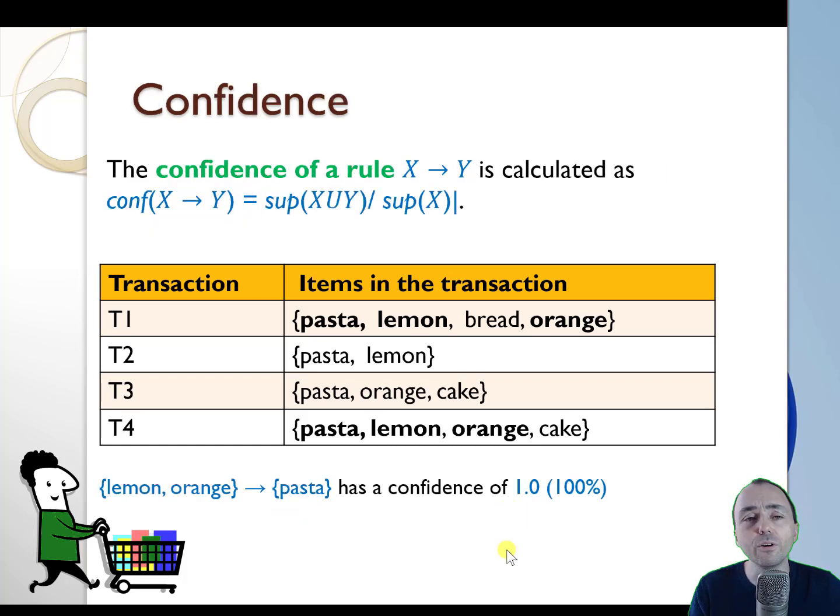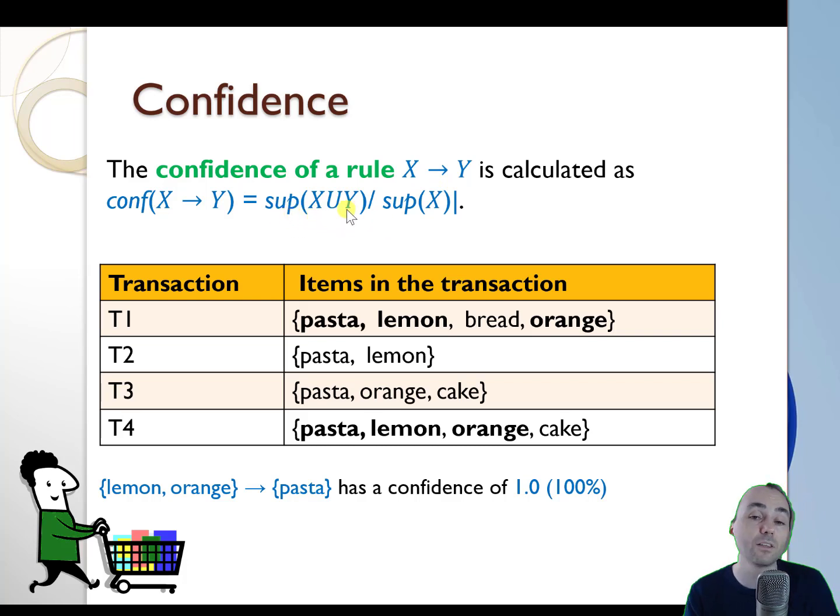I have also another measure that we will use to decide whether a rule is interesting or not. We call this the confidence. The confidence of a rule X imply Y is calculated as follows.